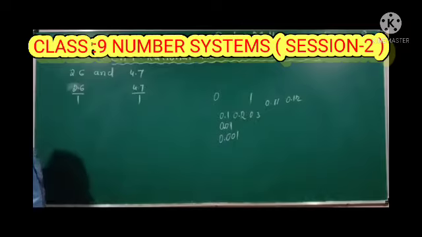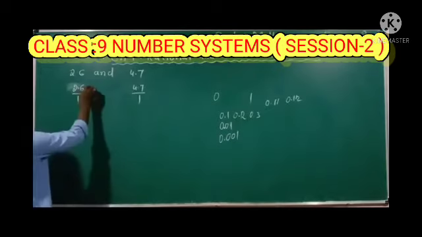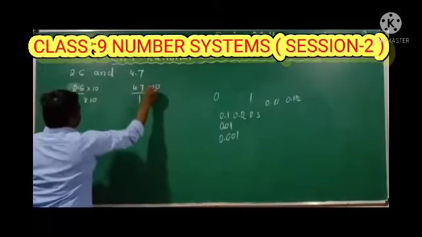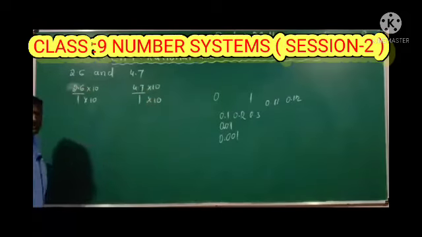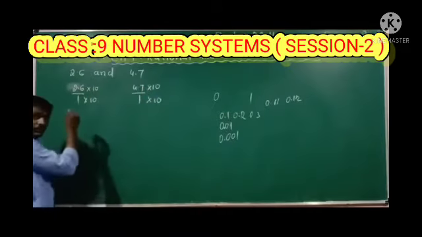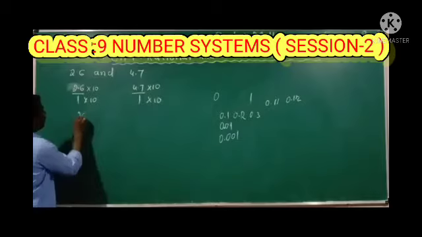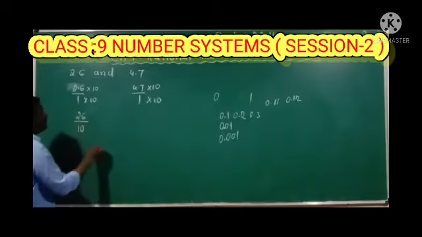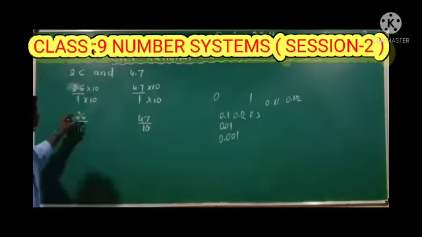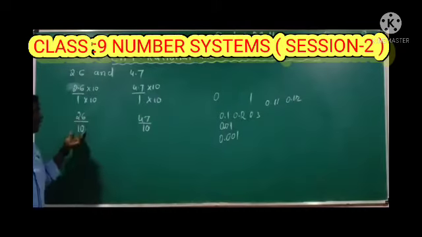If the denominator is 1, just multiply 10 for both numerator and denominator. We already discussed these questions in the previous classes. So once I multiply 10 to both numerator and denominator, what will I get? 26 by 10 and 47 by 10. Now the denominators are the same.